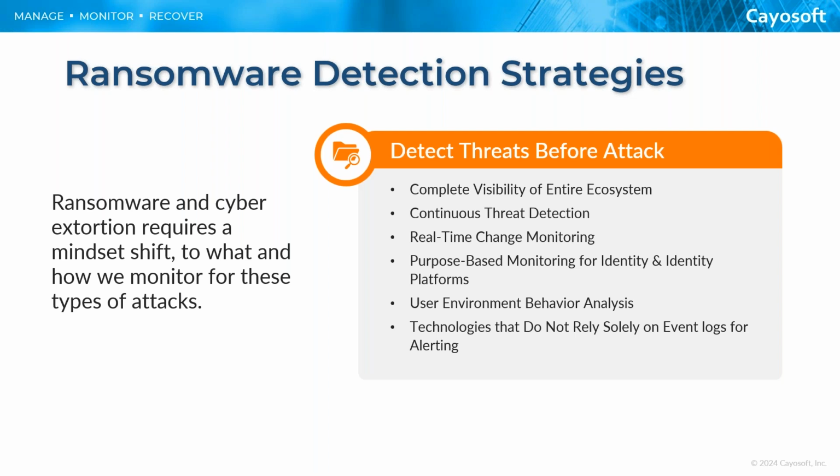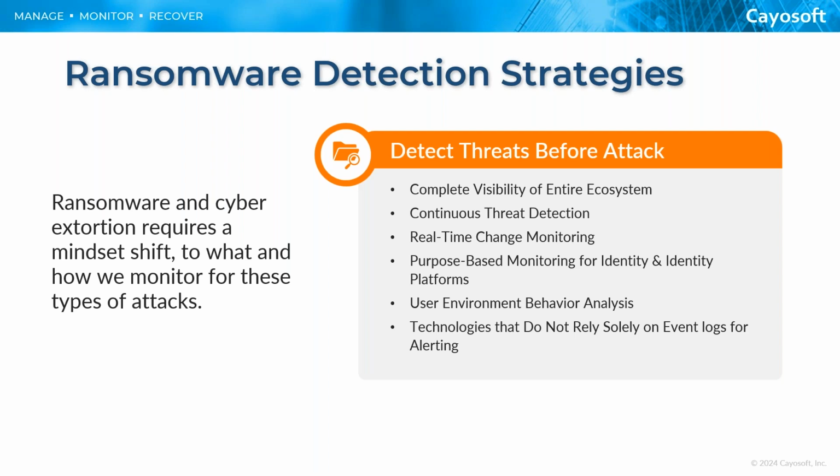We need to know our endpoints. We need to know our identity platforms. We need to know where those permissions exist. We also have to introduce continuous threat detection. We need to be able to detect new misconfigurations. We need to alert about real-time attacks and respond to real-time attacks.